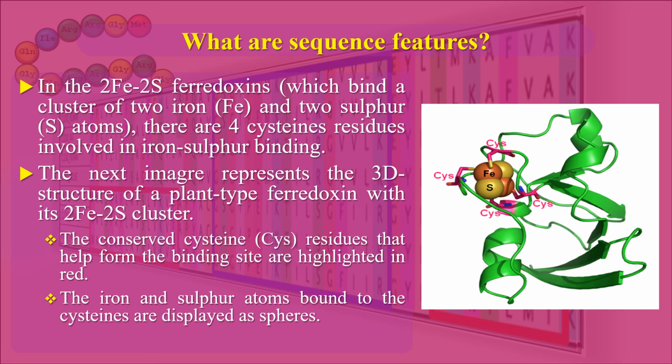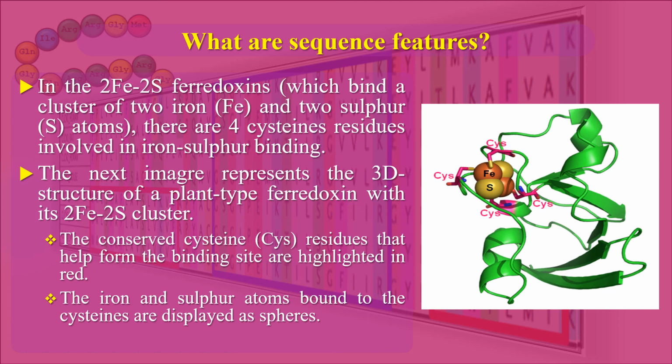The conserved cysteine residues that form the binding site are highlighted in red, such as this part, this part. اللي متعلم عليها باللون الأحمر أهي، دي ودي ودي ودي، ولو فردنا أكتر هنلاقي تاني.